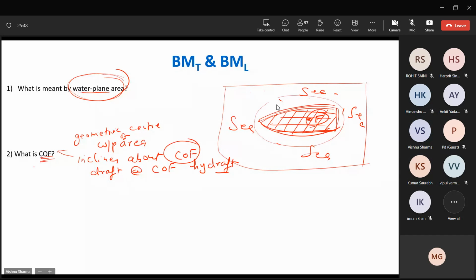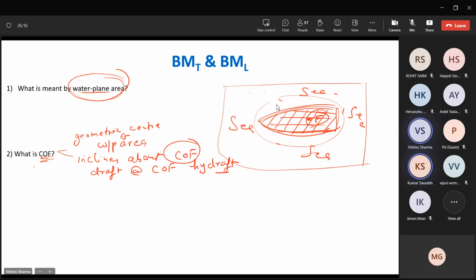In the case of a glass being cylindrical, it may have been the same, but it is not necessary that the area at the base and the area at the water line be the same. In the ship case, the area at the keel would be different from the area at the water line. Understood? Okay, beta. And then I said the geometric center of this water plane area is called the center of flotation.